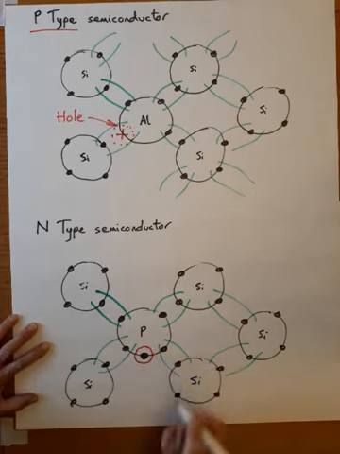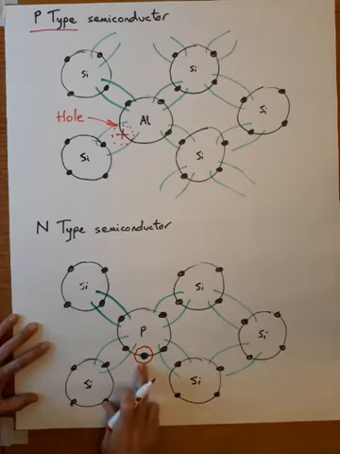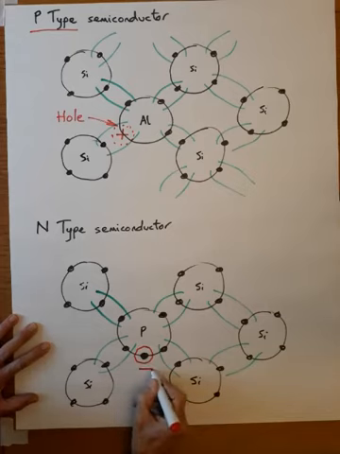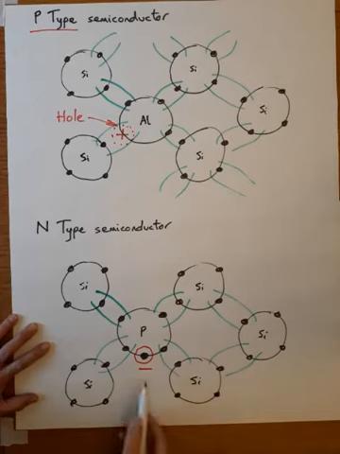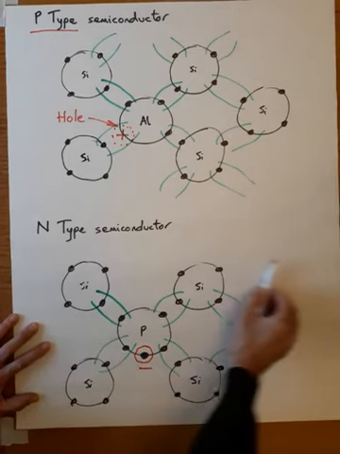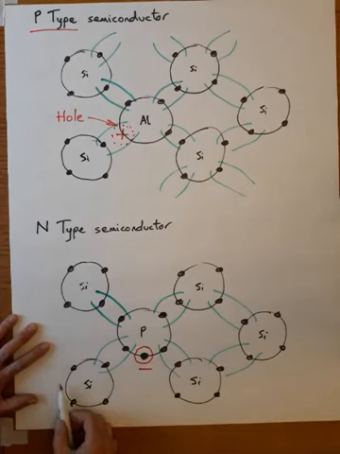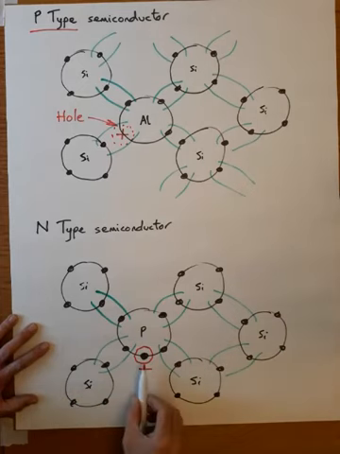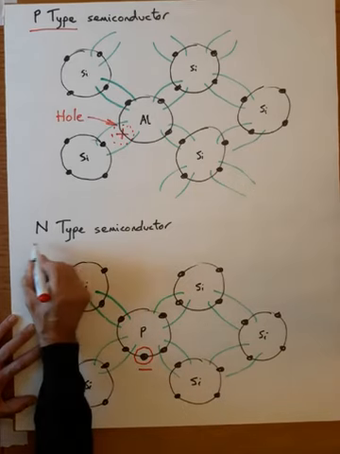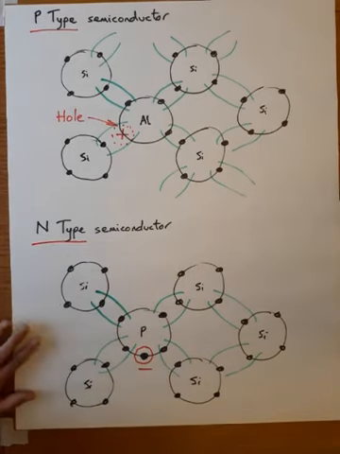This electron has nowhere to form a bond. So this electron, bearing in mind that an electron has a negative charge, will not form a bond, and it's free for us to detach and make it move. If we have a piece of semiconductor material, so it's silicon with extra electrons in, it has a negative charge, so we call it N-type semiconductor material.